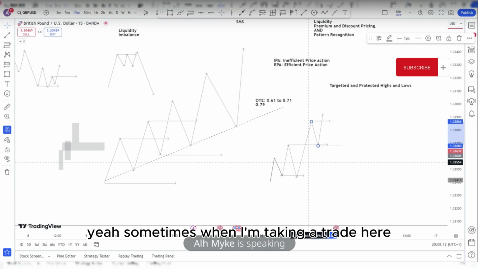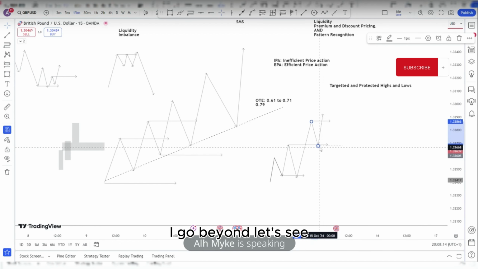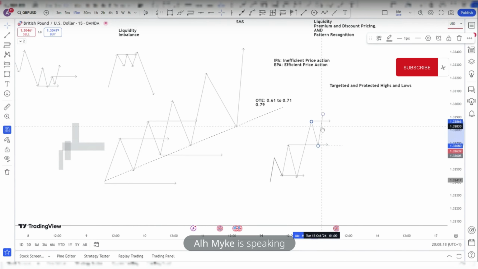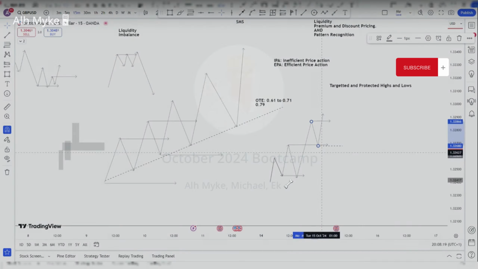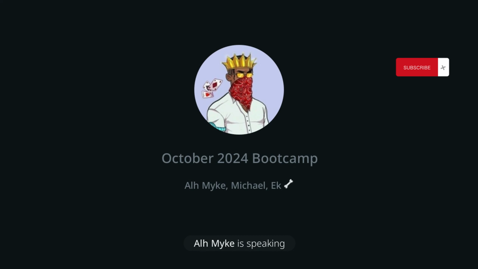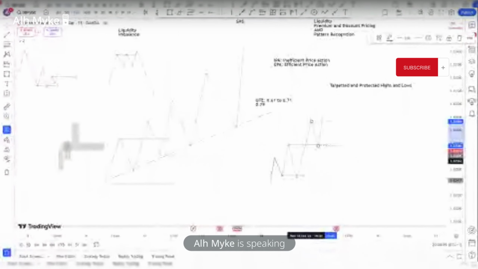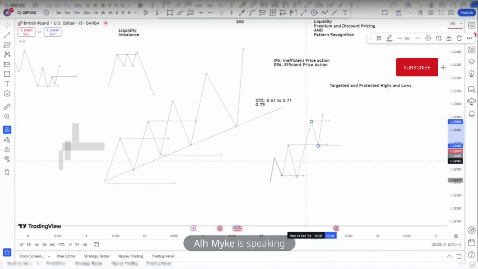There are times when I'm taking a trade here that I go beyond, because this looks like a targeted low. To me, if this liquidity sweep is valid, I target the 50% level over here, because I know that there will still be gaps here and price has to come back and fill it before we continue running up. Does that make any sense?